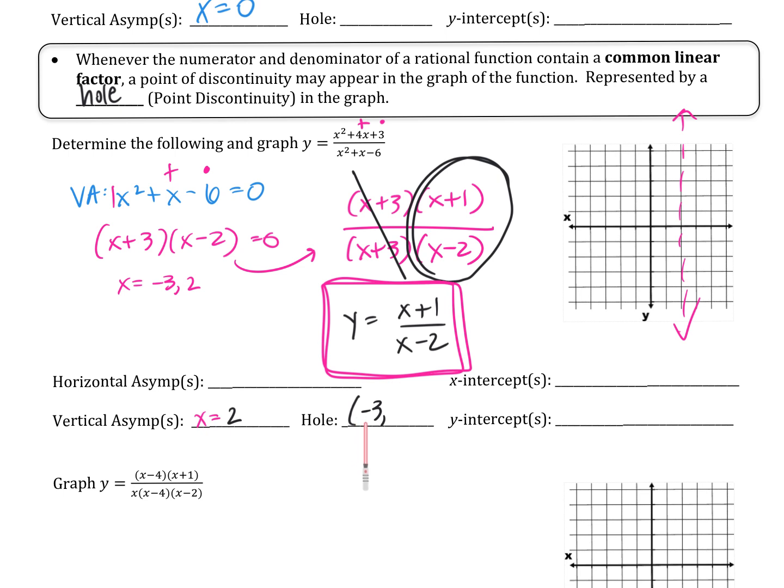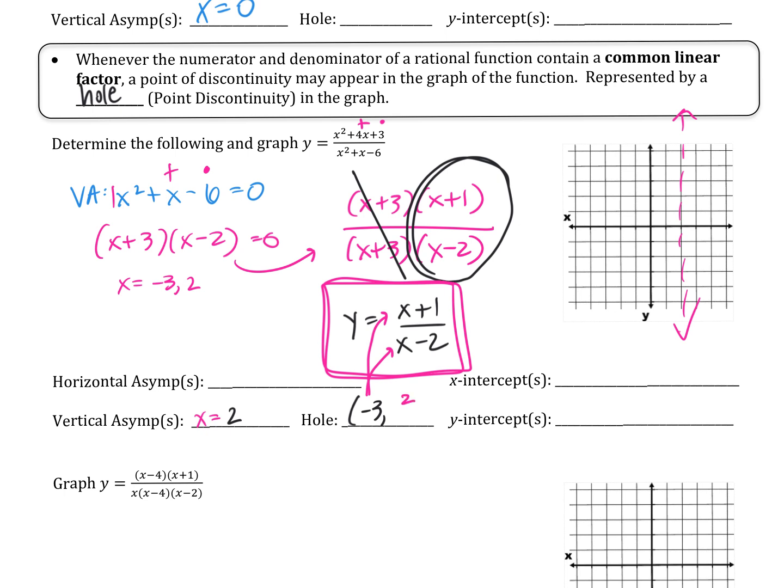And then the only other thing I want to do is say, where is that hole? That hole is when x is -3, so we plug that back in to what was left. I didn't plug it back in up here. I plug in a -3 into what was left because my hole is going to be at this point. If x is -3, what would I have up top? -2 over -5, just 2/5. Is that right?